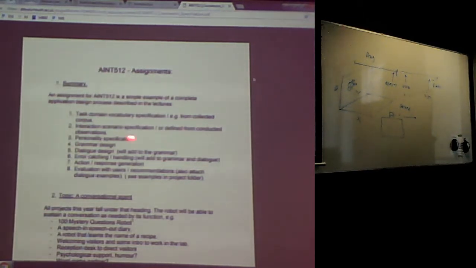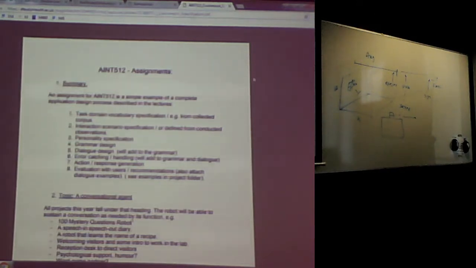Personality specification, you do that by hand. Grammar design, this is standard work, writing the grammar. Dialogue design, you do that too. Error catching, evaluation with users. As I said, I expect you to do 2 evaluations. One in the middle of the project, just to get a raw idea of how inadequate the system is, and in order to make a modification, especially if you define the vocabulary yourself.